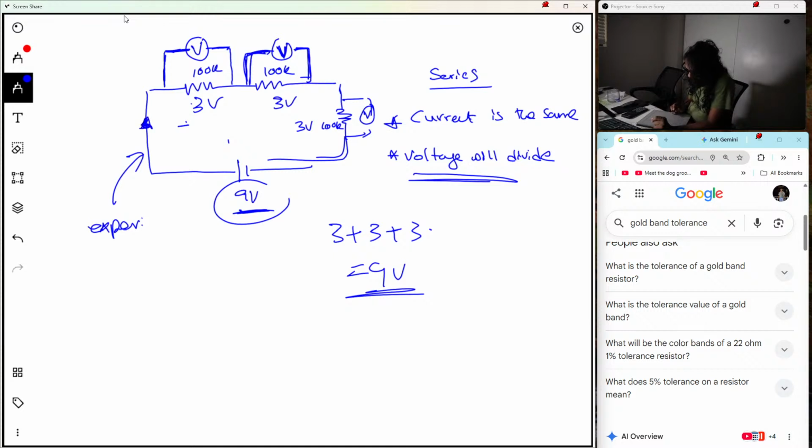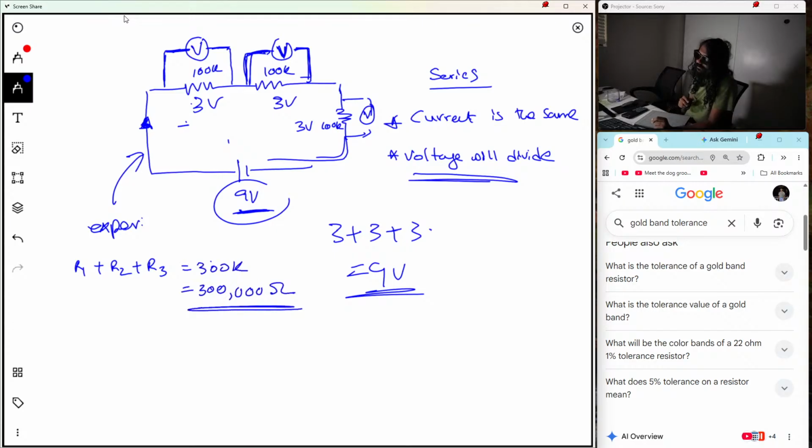To calculate the current, as there are three resistors, R1 plus R2 plus R3, all in series, what is the total resistance? 100 plus 100 plus 100, 300k. 300k means 300,000 ohms, right? This is the total resistance.